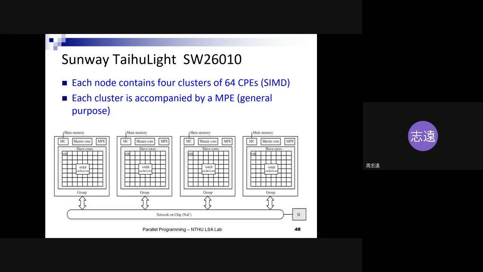All right, and lastly, I would like to show you the processor architecture for Sunway TaihuLight. Okay, so this is the processor for China's supercomputer. It was ranked number one at once.